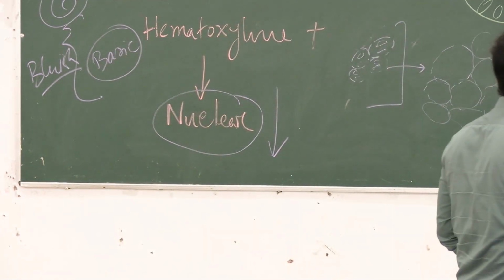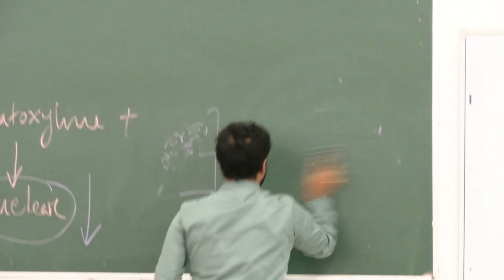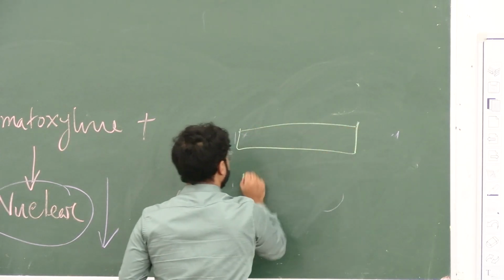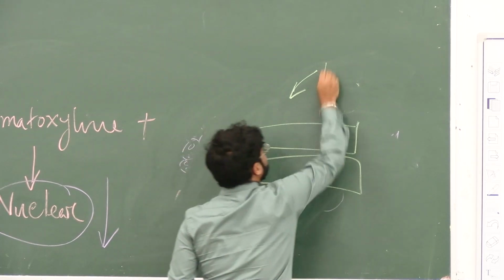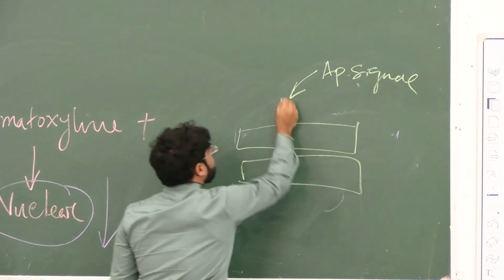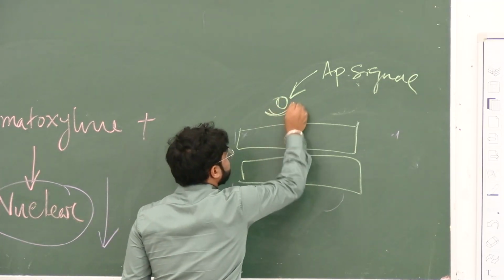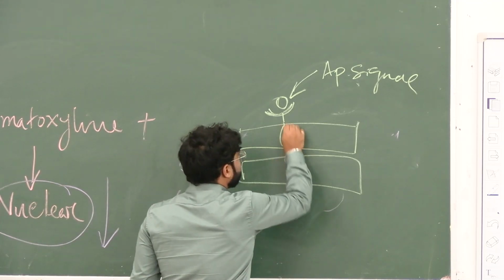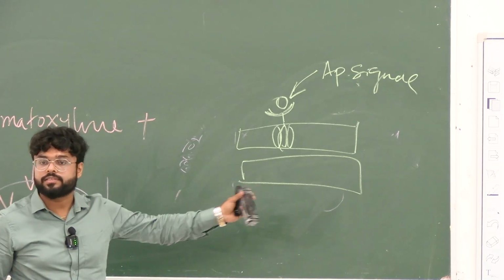The matter is like this: an apoptotic signal comes, they liberate some kind of ligands that bind with the Fas. Due to the binding, there will be polymerization of three monomers of Fas.